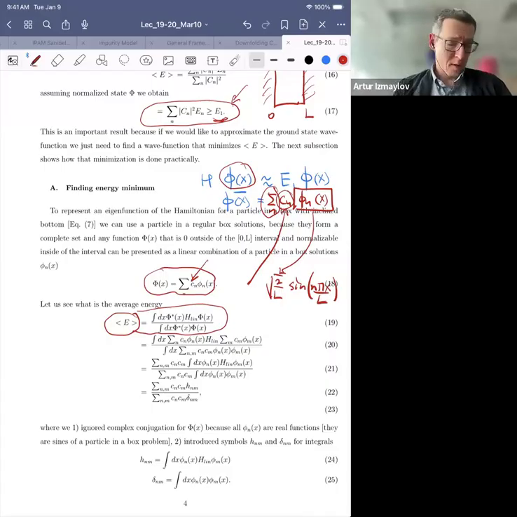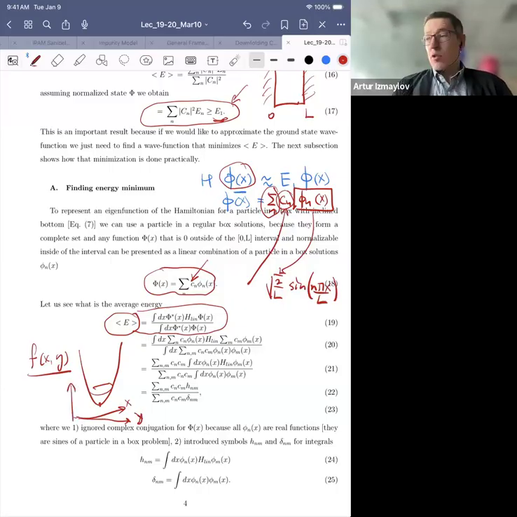When you have a function of, say, two variables, x and y, and you're trying to find the minimum of that function, this is x and y, and the function is the third coordinate. So how do we do that? Do you remember? Did you take multivariable calculus?